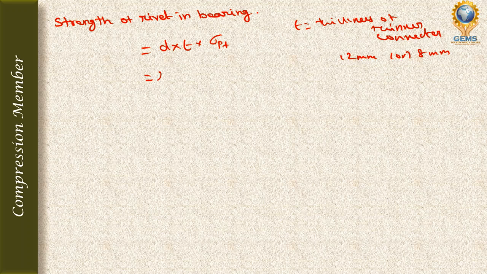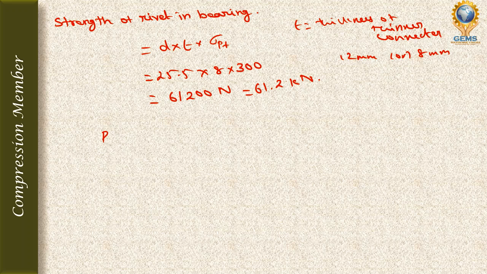So d is 25.5 into 8 into tau PF, that is 300 for power driven rivets. So here the value is 61,200 Newton or 61.2 kilonewton. So we found the strength of rivet in single shear and strength of rivet in bearing.